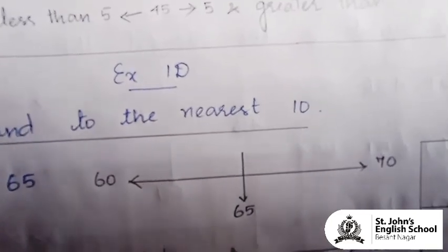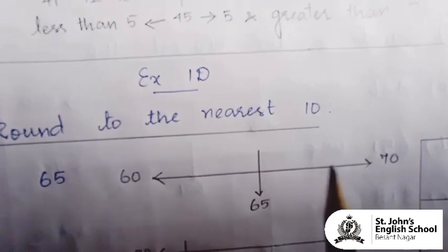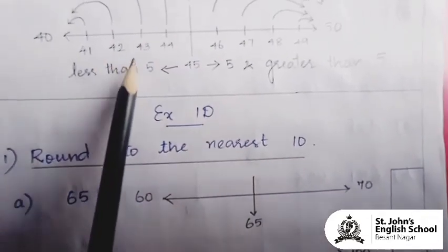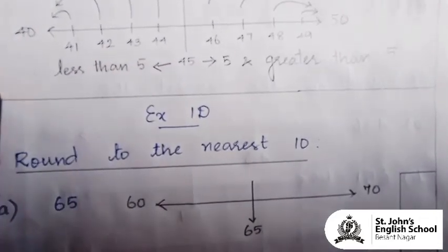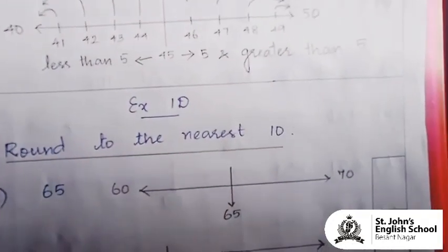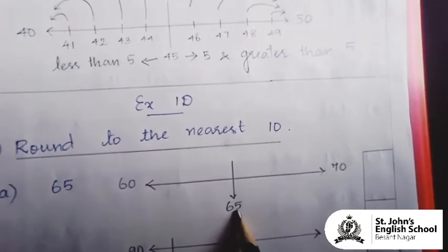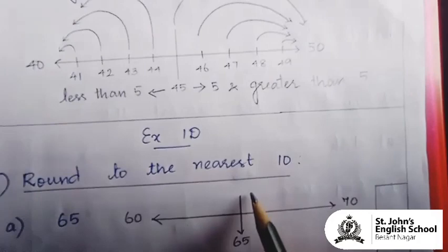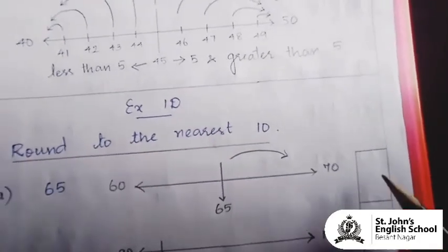Now this is the time to decide whether the 65 goes to 60 or goes to 70. As we have learned before, the numbers less than 5 should go to the before number. The numbers greater than 5 should go to the after number. So 65 has a 5, so it should go to the next number.